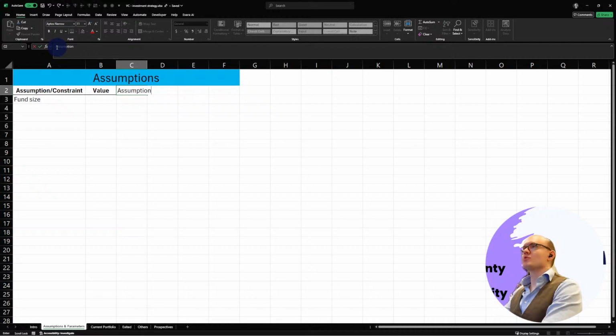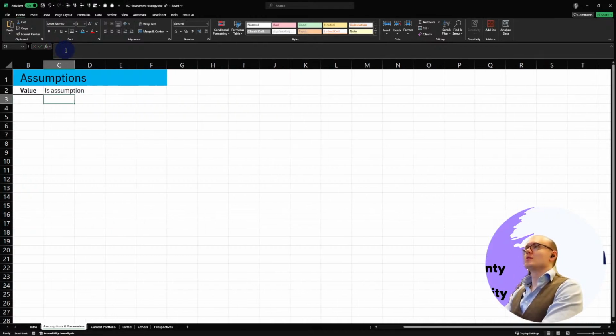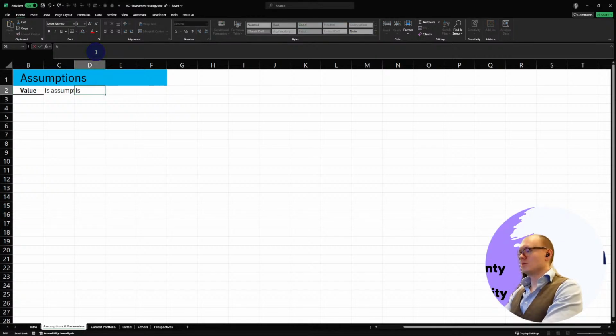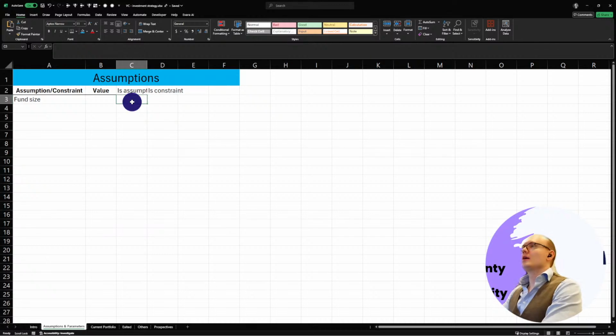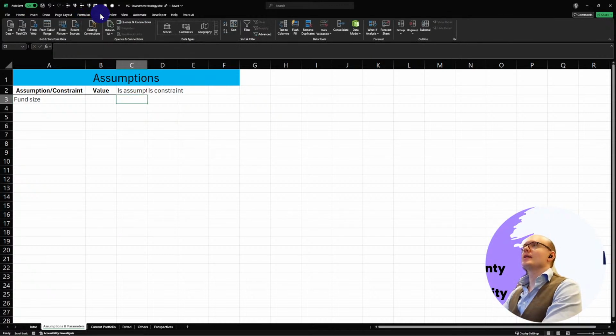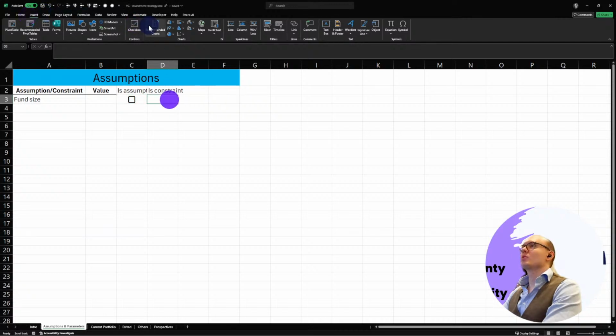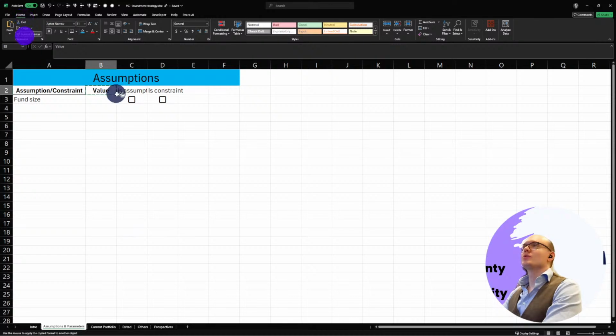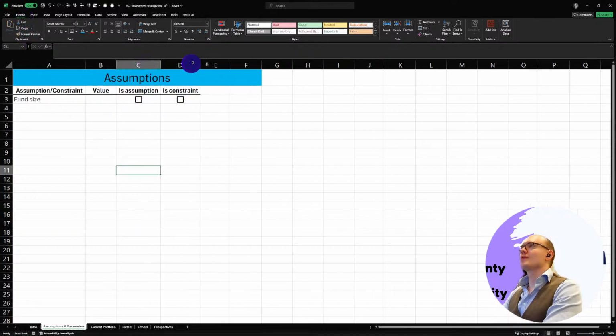Is assumption, is constraint. And the neat thing is, if we go to data, we can add a checkbox and a checkbox. And then we'll make sure that this thing is nicely formatted here as well, and that we spread this one out. There we go.